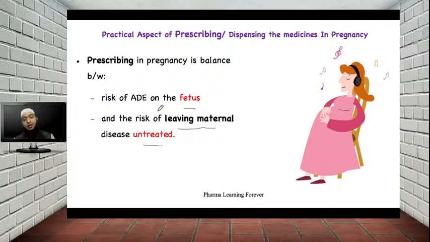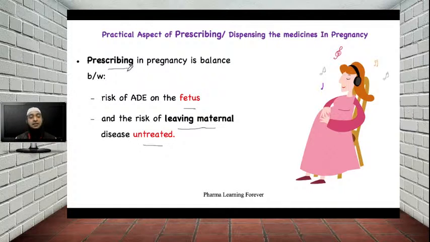If you are not treating the mother only because the fetus may get affected or the drug may produce a teratogenic effect, then you really need to balance the aspects. You see where there is more risk, whether the fetus or the mother is at more risk. Accordingly you calculate the risk and benefit ratio and balance this, and based on that, as a physician you can prescribe medicine to the pregnant woman.